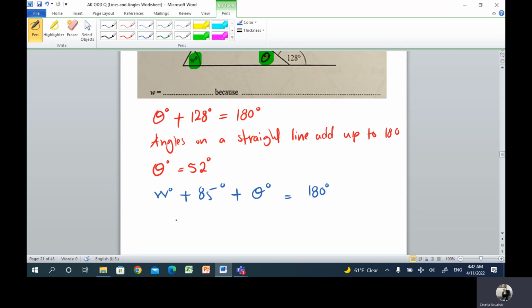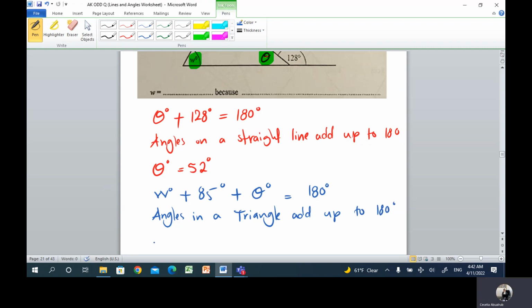Why is that? Because angles in a triangle add up to 180.